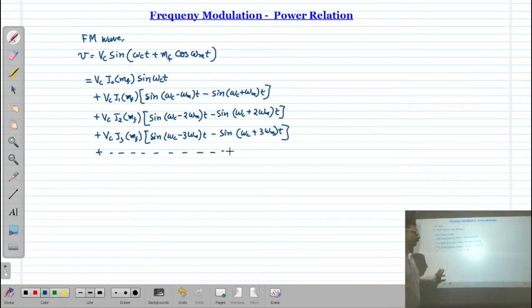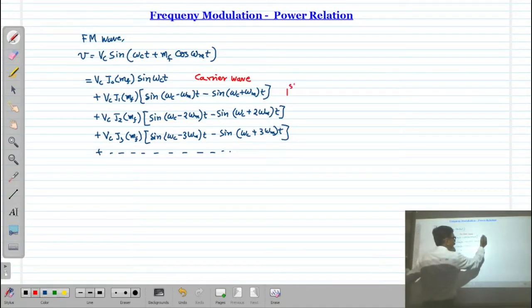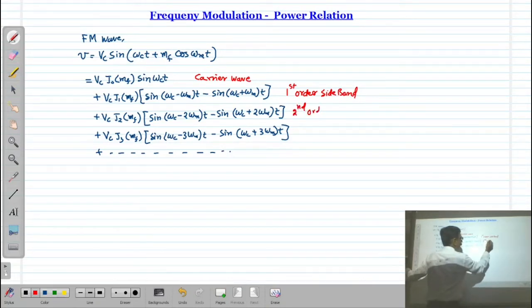Now, in this expression, last time I already mentioned that the first term represents the carrier wave. This is the carrier wave, and this is my first order sideband. This one is a second order sideband.